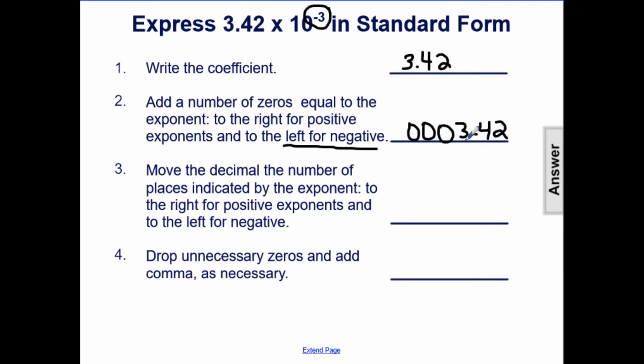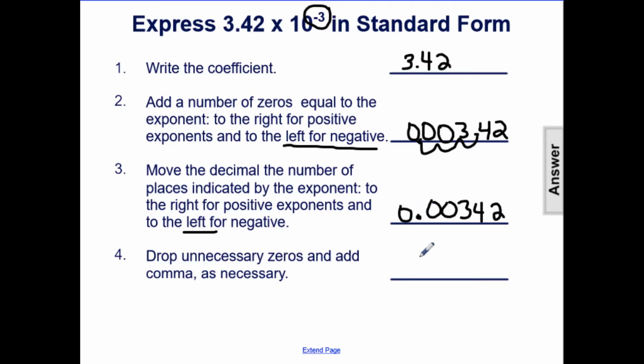We're now going to move the decimal that many spaces again to the left because it's negative. So 1, 2, 3. So the new decimal will be 0.00342, the new placement of the decimal point.